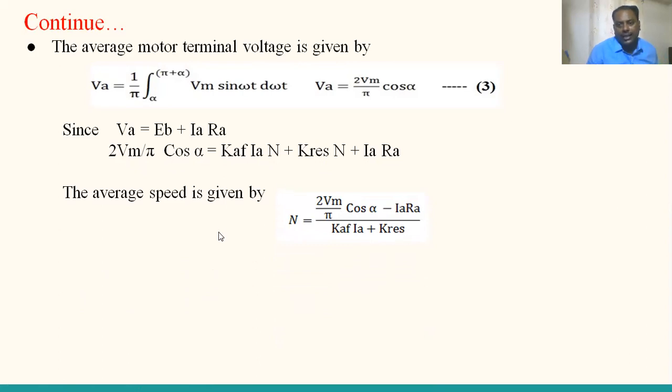You take N to this side. So this is the standard average speed equation of a DC series motor: N is equal to 2 Vm by pi cos alpha minus IA R divided by KF IA plus KRES.